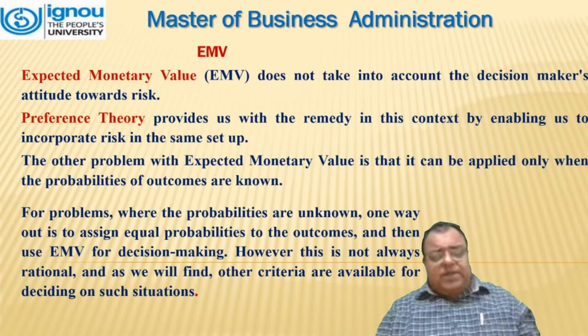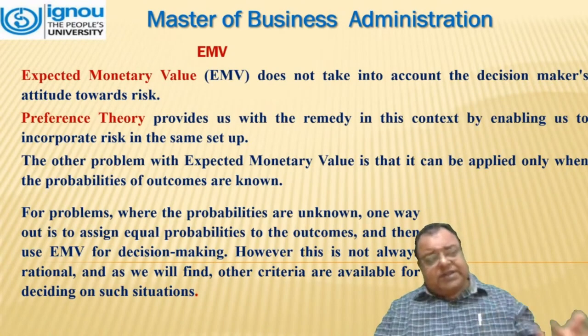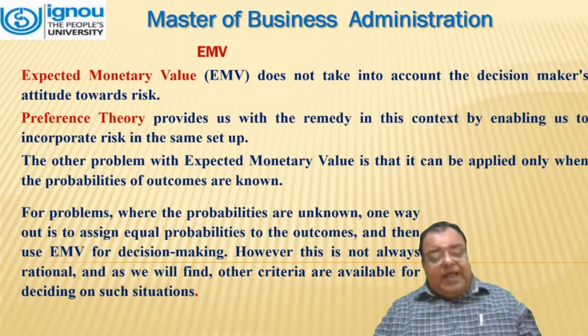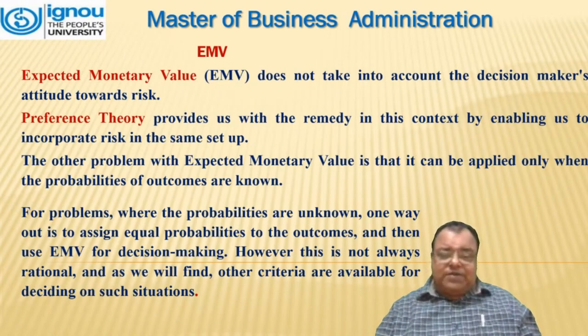For problems where the probabilities are unknown, one way out is to assign equal probabilities to the outcomes, and then we use EMV for decision making. However, this is not always rational, as we will find other criteria which are available for deciding on such situations.